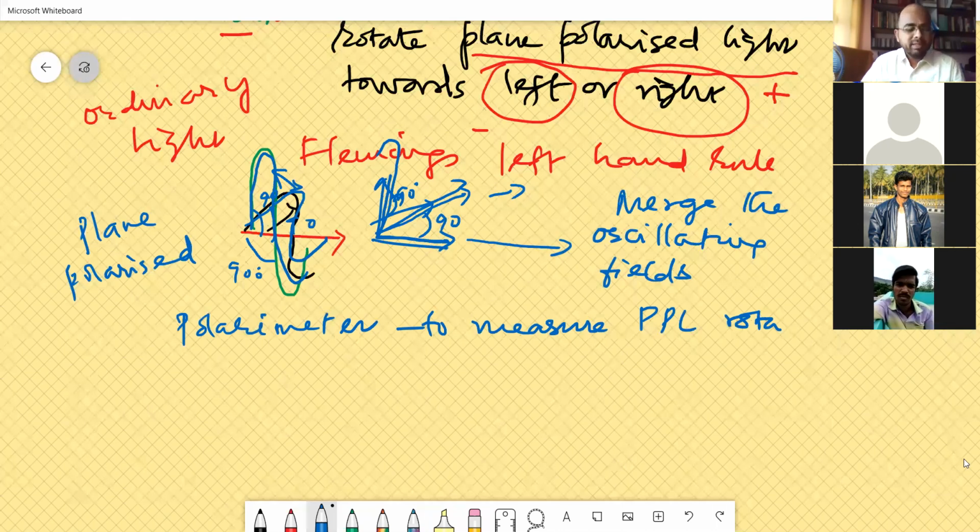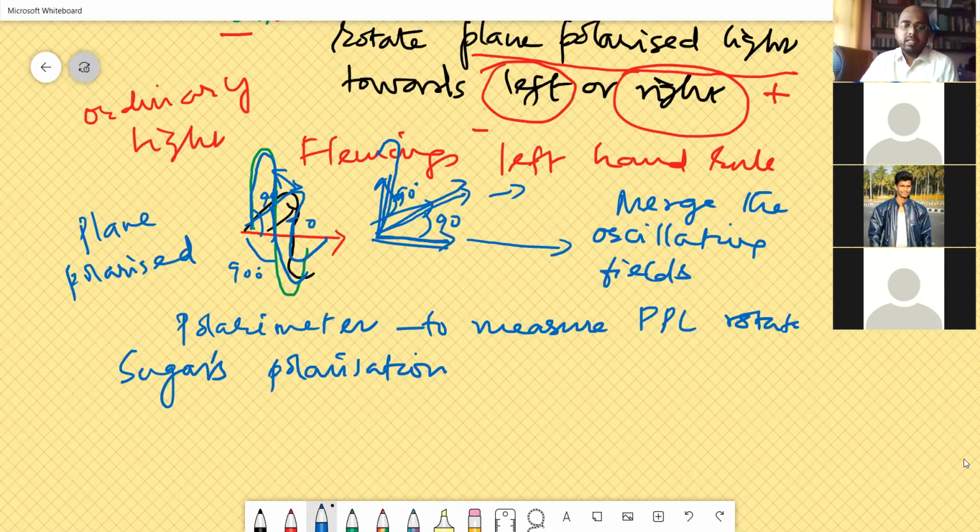This is very important because we measure the polarization of sugars by means of this polarimeter only. Therefore, production of plane polarized light in the instrument is very important, and we want to know what isomer it is.